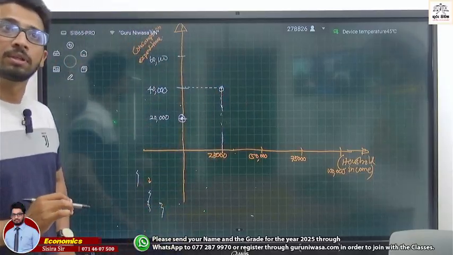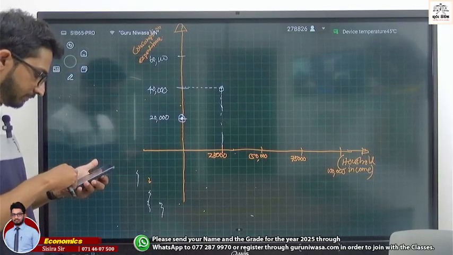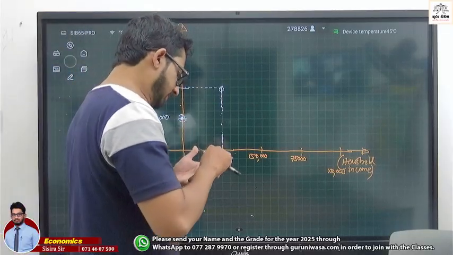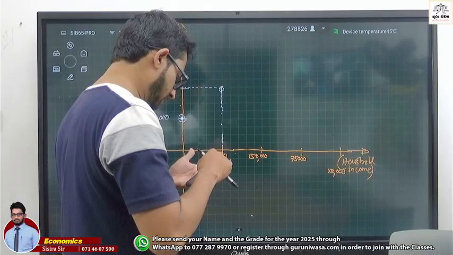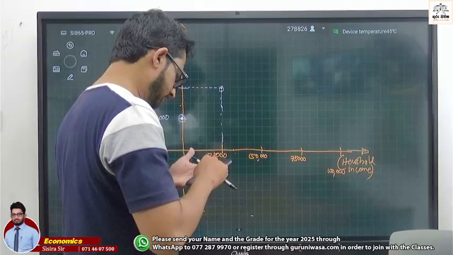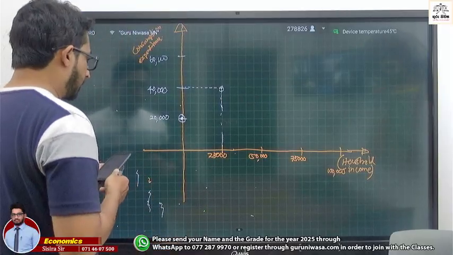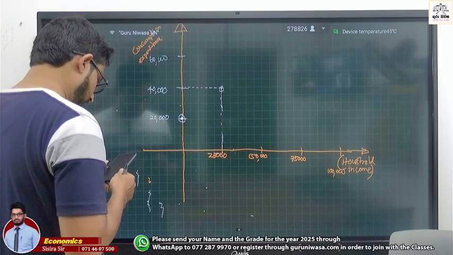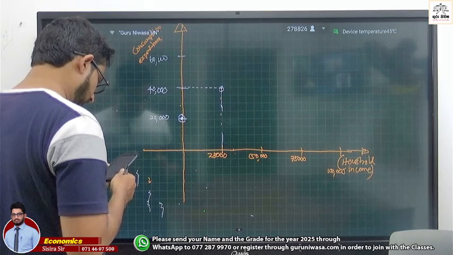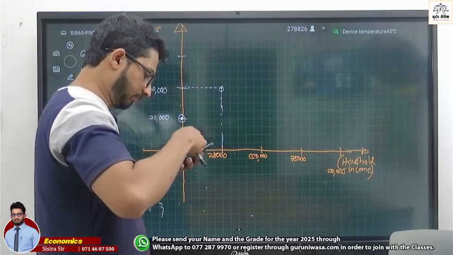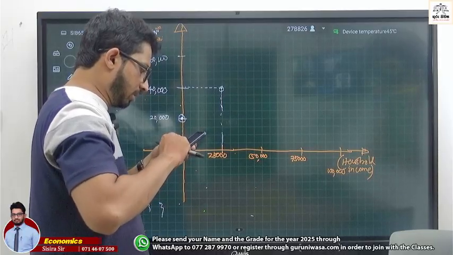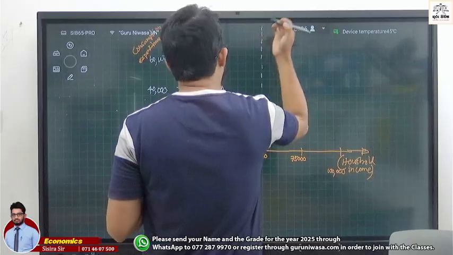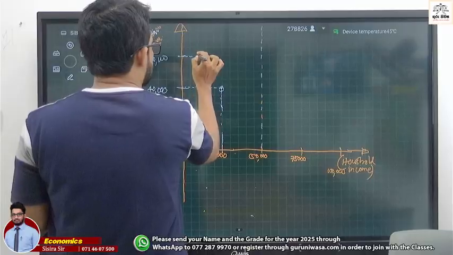Then, when income is 50,000, consumption expenditure is 60,000.